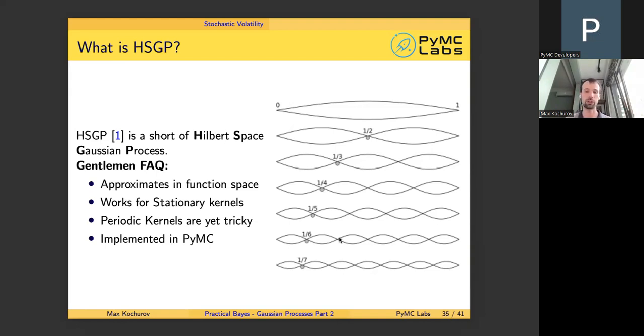So any function can be represented as an infinite sum of those periodic functions. While it sounds really crazy, those harmonic functions and bases in the functional space for many sorts of functions can be really sparse, and we don't need this infinite sum. And that's the whole idea that is utilized in Hilbert space Gaussian processes.